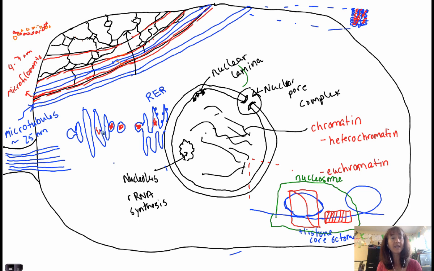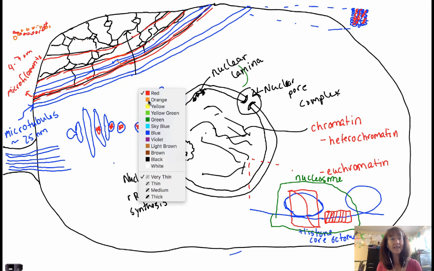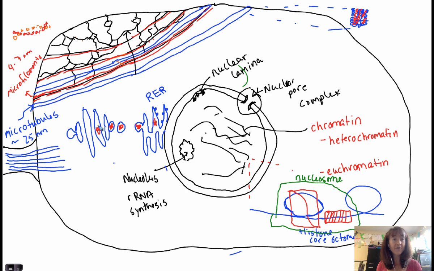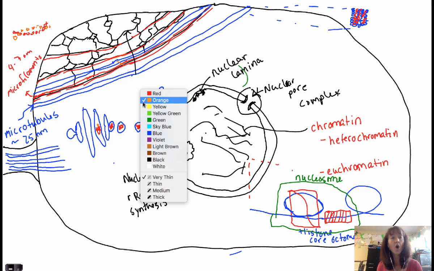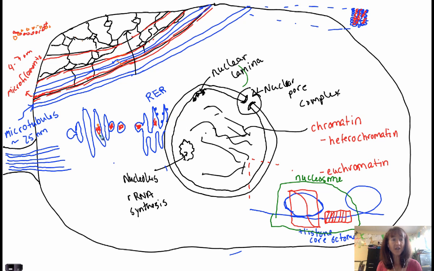As it's taking its journey through this organelle, it might gain things like phosphorylation. A phosphoryl group might be added, or glycosylation, that is a carbohydrate moiety, might be added onto it.